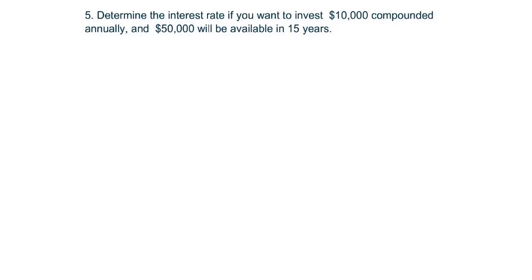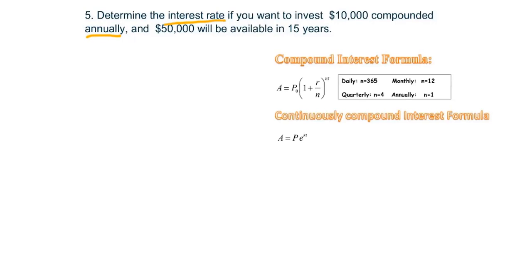For number 5, determine the interest rate. If you want to invest $10,000 compounded annually, and $50,000 will be available in 15 years. We have to use this formula. Since it's compounded annually, that's n equals 1. Therefore, I will get A equals P0, that means original principal, times 1 plus R to the T's power.